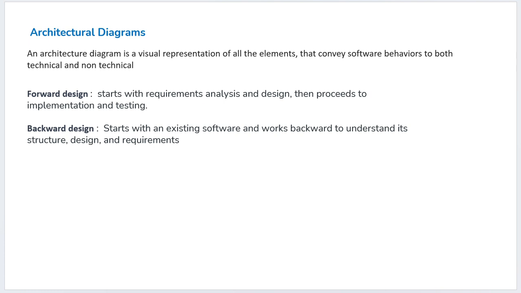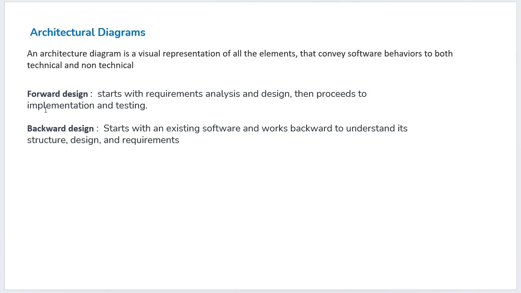Backward design starts with the existing software and works backward to understand its structure, design and requirements. A good diagram has core components, highlights critical systems, interactions and relationships, is easy to access, maintains a consistent style, and makes it easy to identify potential flaws or areas of improvement in the software architecture.